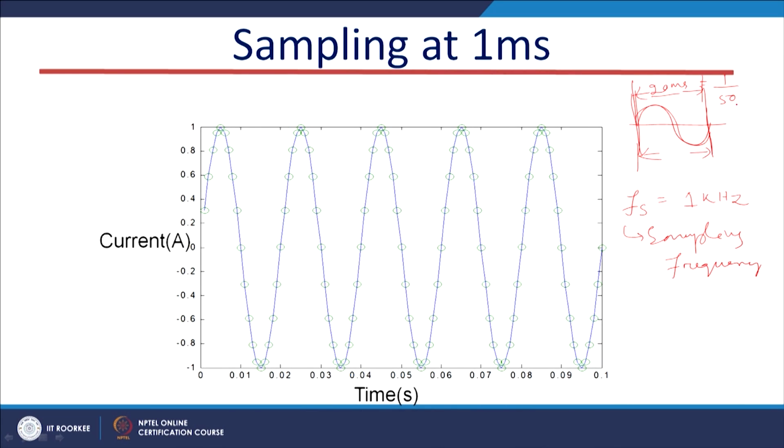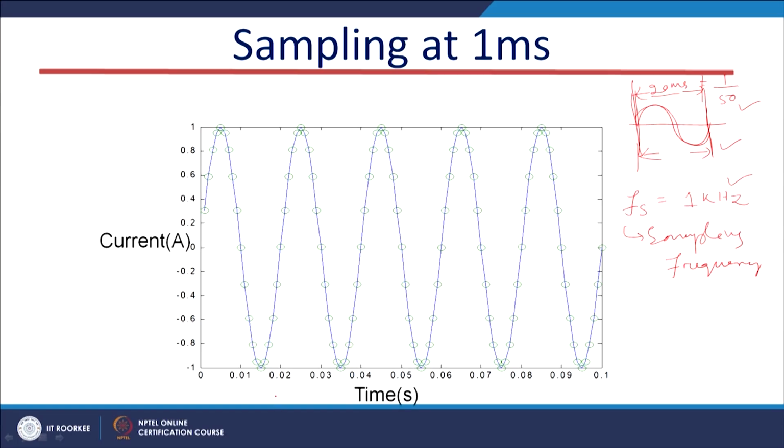So this fundamental time period is 20 milliseconds, the fundamental frequency is 50 hertz, and for this signal we are taking 1 kilohertz as the sampling frequency. The meaning is we are sampling the analog signal at a rate of 1 kilohertz, so after every 1 millisecond we get a sample, the digitalized version of the analog signal.